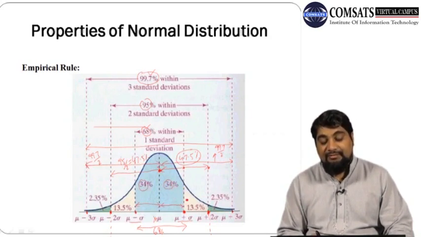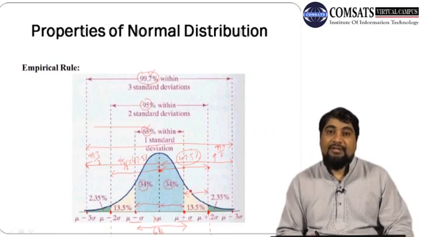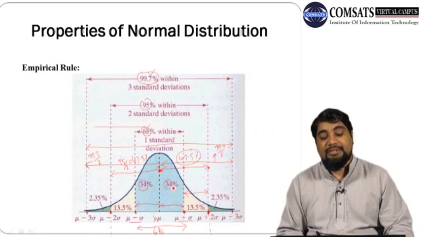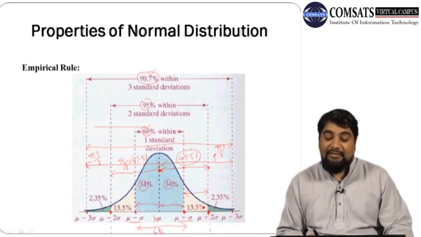So this area can be obtained by taking the difference, 47.5 minus 34%. Just subtract 34% from 47.5%, you will get 13.5%. This is how you can calculate area within any 2 points.